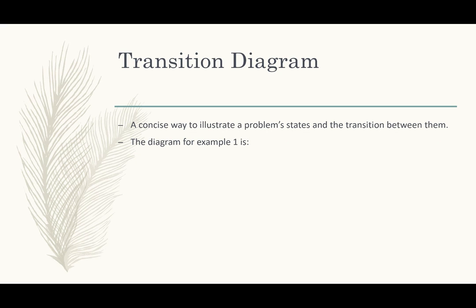Transition diagram. You saw it briefly because I skipped ahead a moment ago, but it's a concise way to illustrate a problem's states and the transitions between them. These are kind of fun to draw, in my opinion, because it's kind of like doodling. For example 1, our person was employed or unemployed.